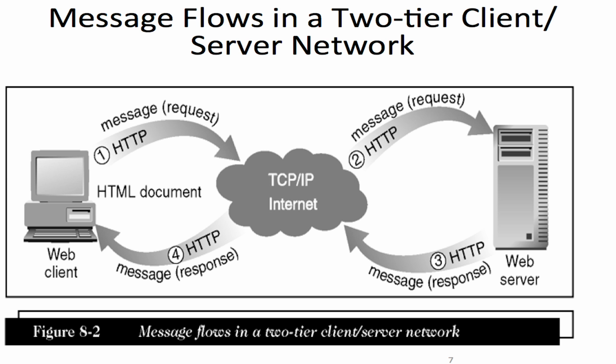Message flow in the two-tier: one is the client and the other is the web server. This is called two-tier technology. You can see the heading, message flows in two-tier client-server network. A message or request is sent through HTTP and through the TCP/IP internet network to the server.